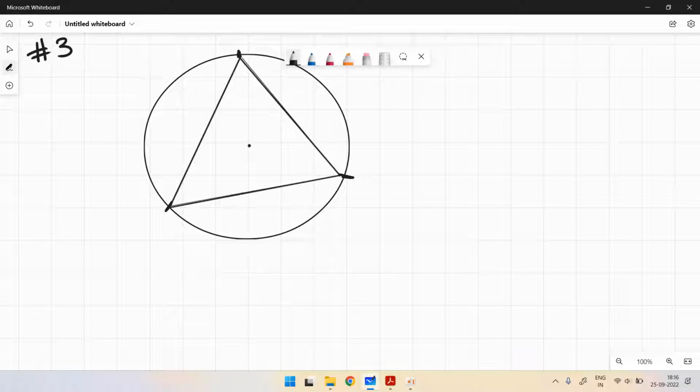And to find the center, the question is indirectly saying that you need to find the median, and the center is ultimately like this. If you join this, it is ultimately a circumcenter.